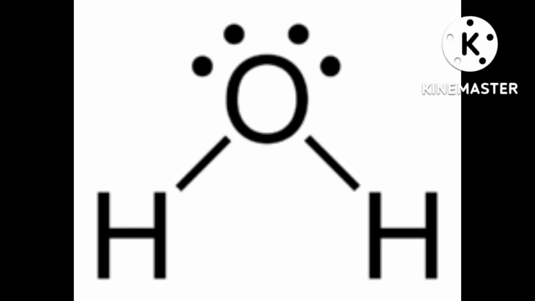Here I want to tell you, sodium had lost 1 electron and became sodium ion, Na+, and chlorine got 1 electron from sodium, so it is Cl minus, 1 minus, because it has taken 1 electron.